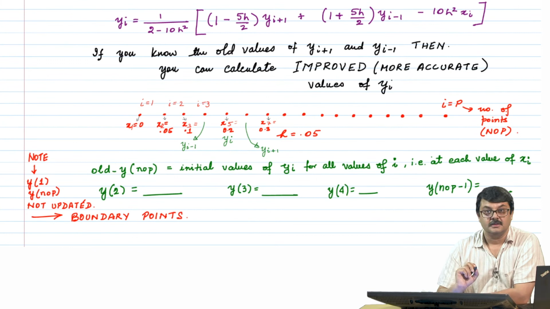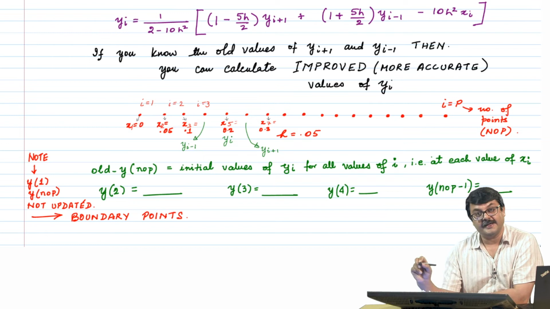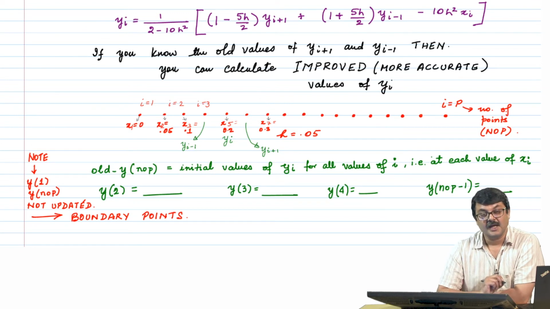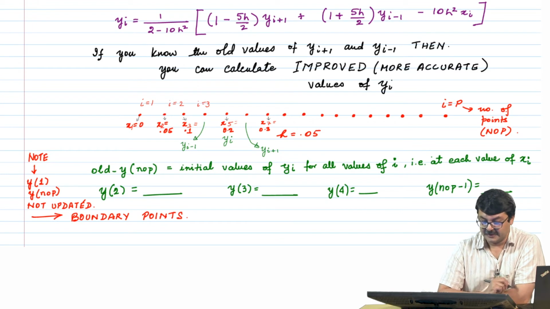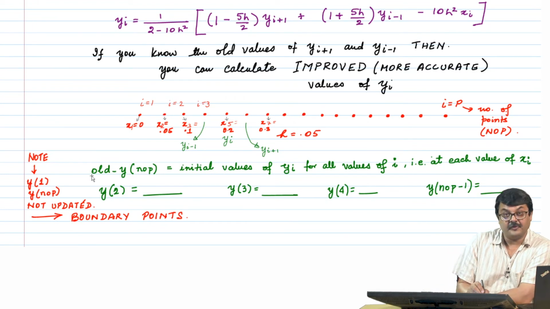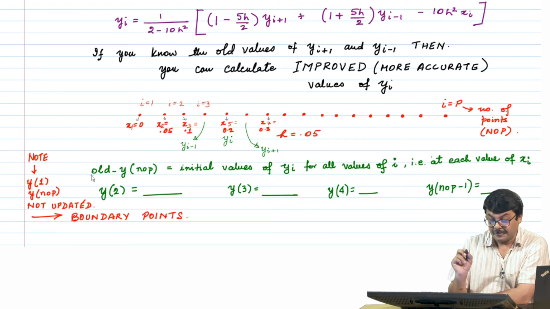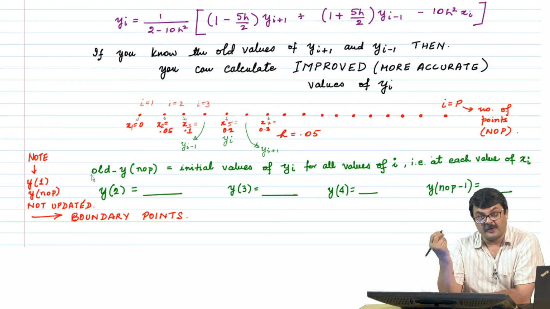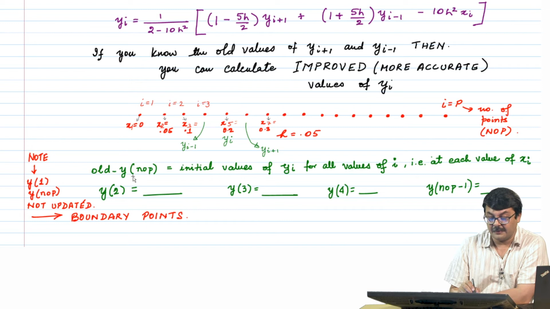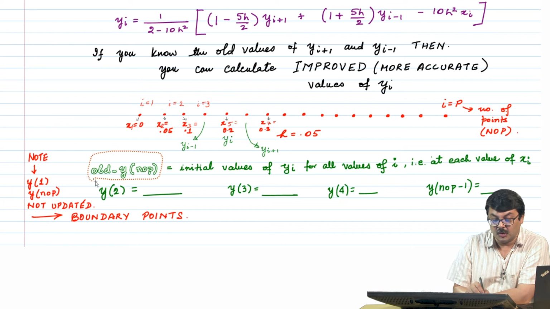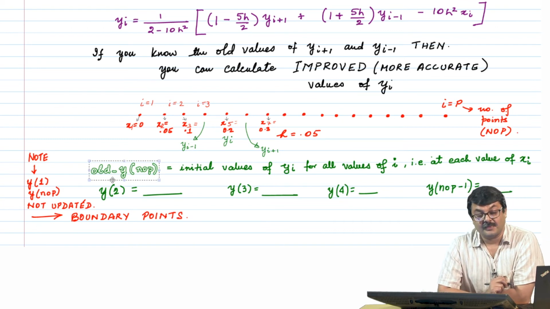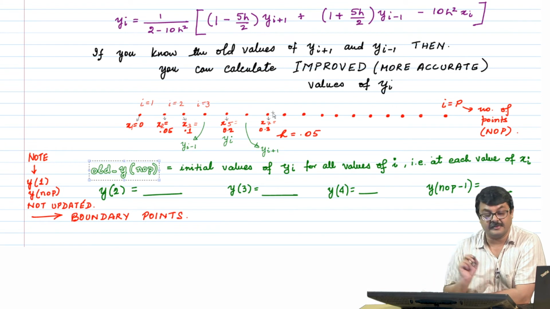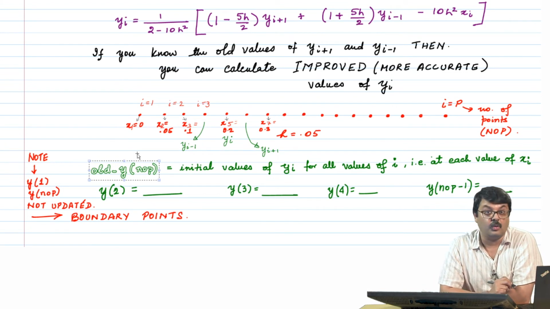So, you have a guess, you get an improved calculation of y I over the entire range, and you keep on doing it iteratively. So, if the number of points is NOP, an integer value, if there were NOP grid points, you can store your old or initial guess of the value of y at each of these grid points in an array called old y.